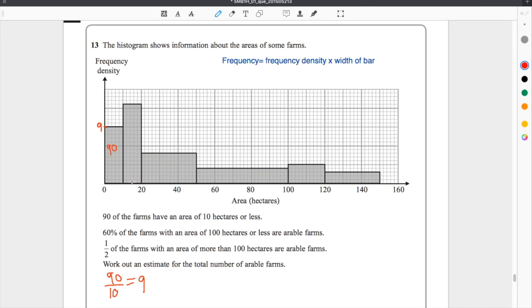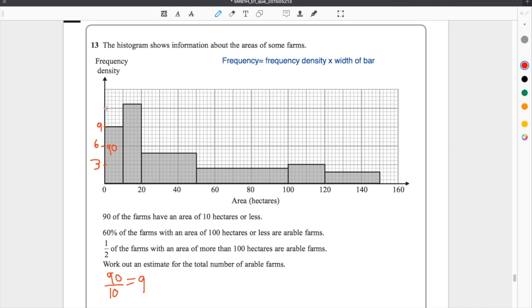And we have clearly 3 squares here. 1, 2, 3. 3 squares with 5 mini squares in between them, okay? So we can say that each bigger square must be represented by 3, because if this is 9 and this is 3 squares, 9 divided by 3 is 3. So 3, 6, 9. That's our scale.